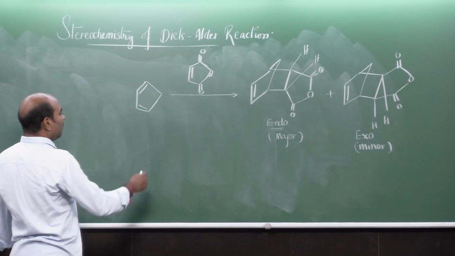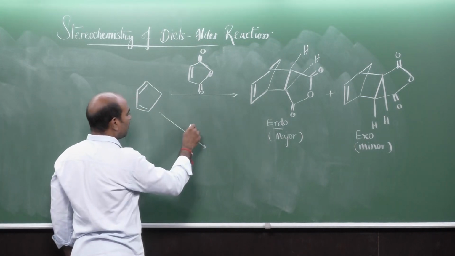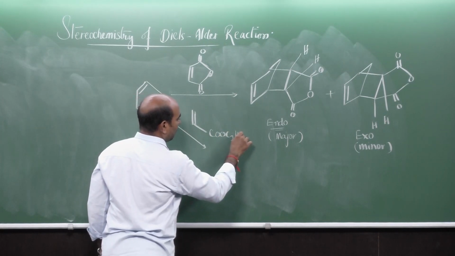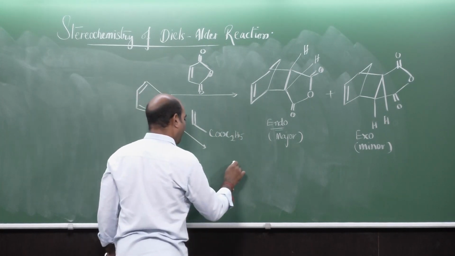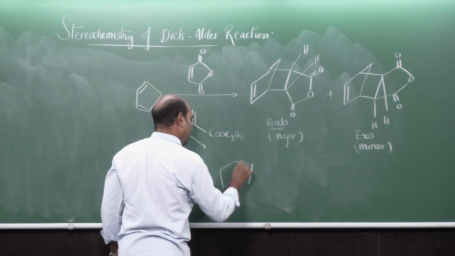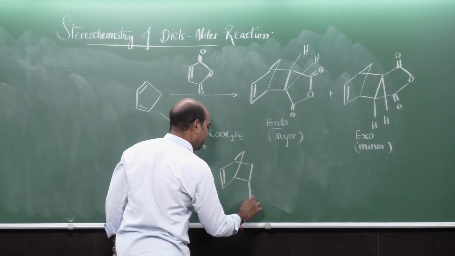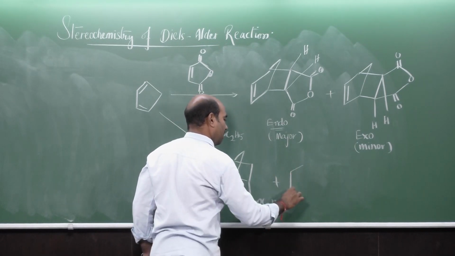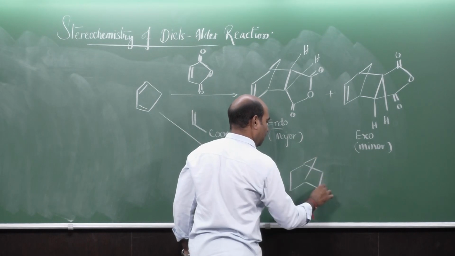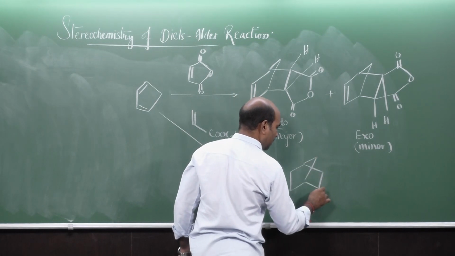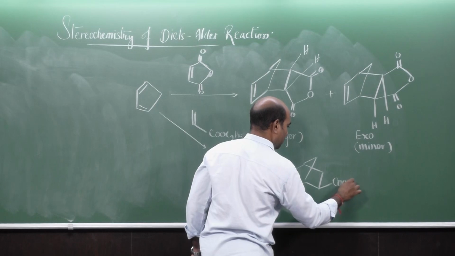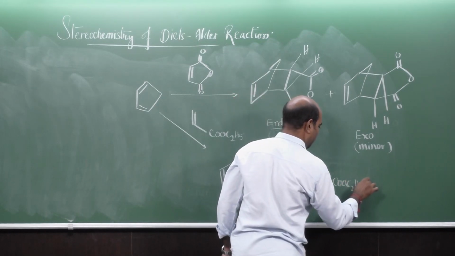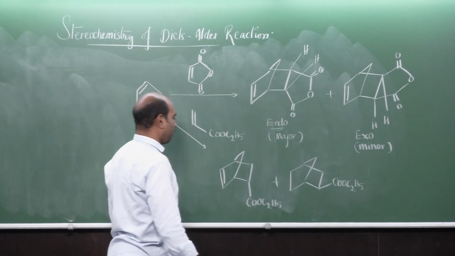So, if this molecule is reacted with this dienophile, again you can see the endoisomer plus exoisomer, right.